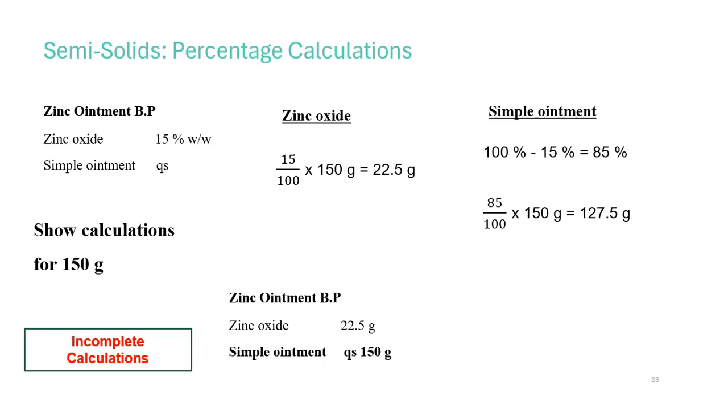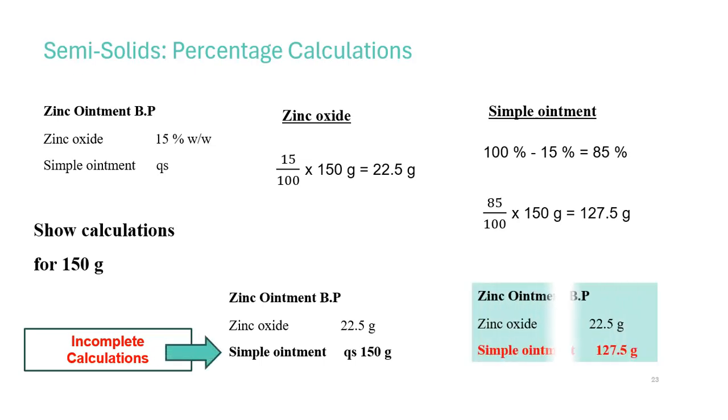So when you go to the balance, how will you know how much simple ointment to weigh or measure? This brings us to the next step, wherein you have to subtract the 22.5 grams from the 150, or you use your dimensional analysis and get your 127.5. This is a completed calculation right here.